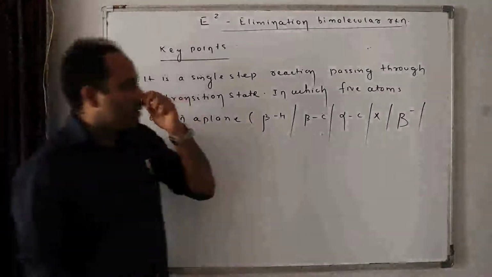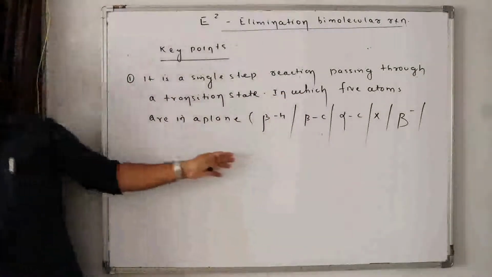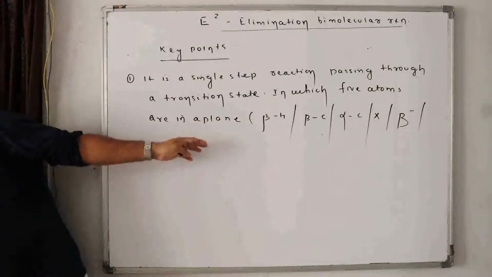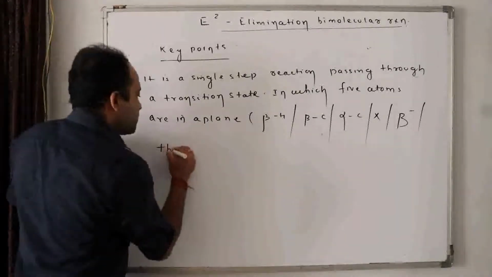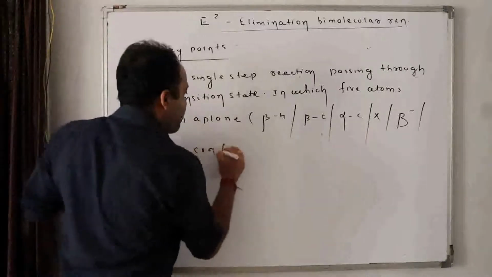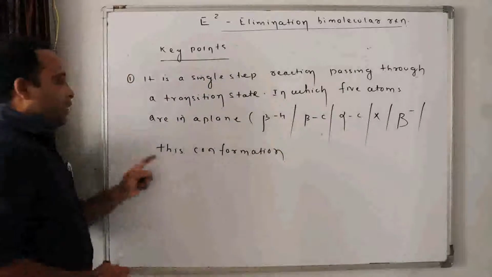And this configuration, or the way they arrange in the transition state, that conformation is known as anti-periplanar conformation.